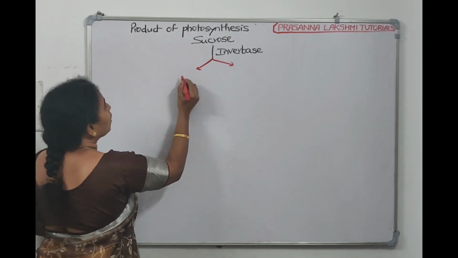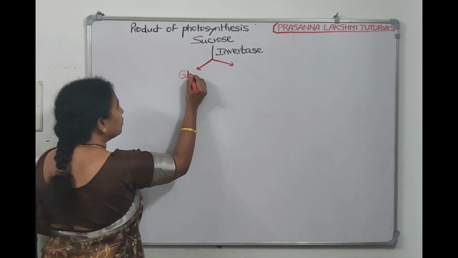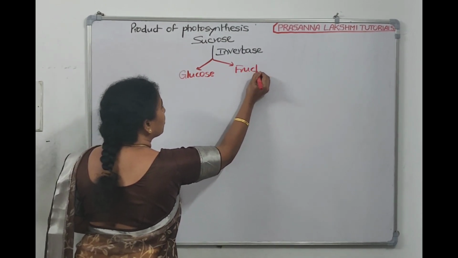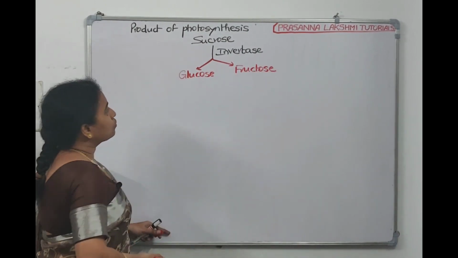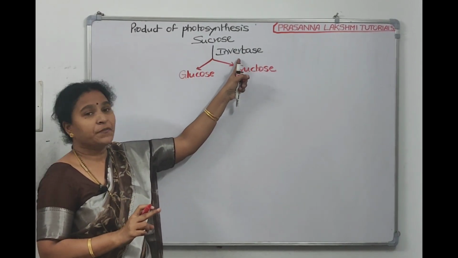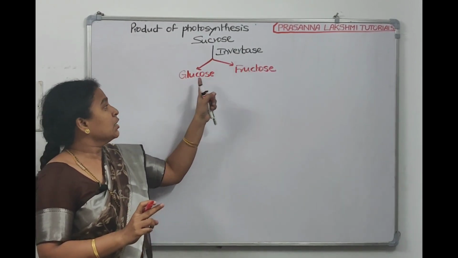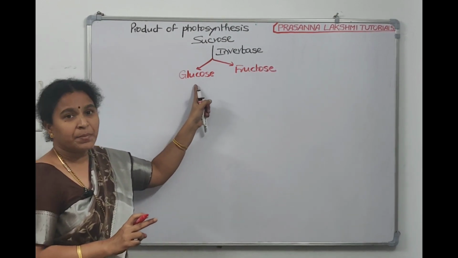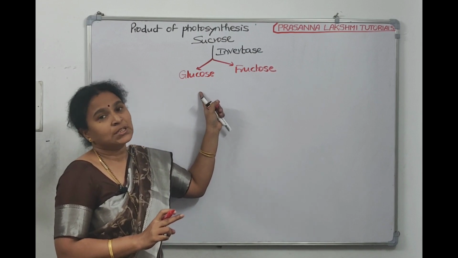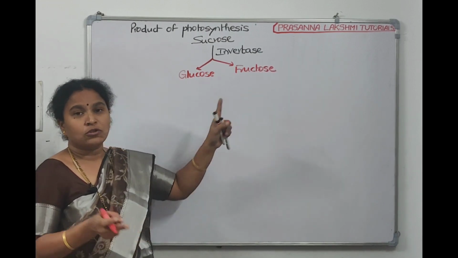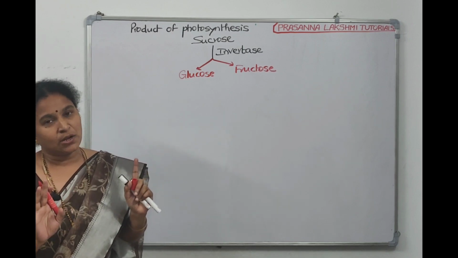So, we get 1 glucose molecule and 1 fructose molecule. Sucrose, which is a disaccharide, is broken down with the presence of an enzyme called invertase into glucose and fructose. Glucose is a 6-carbon aldose sugar. Fructose is a 6-carbon ketose sugar. Now, glucose and fructose, both of them will enter glycolysis.